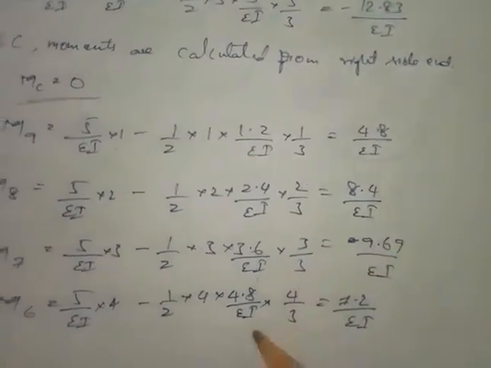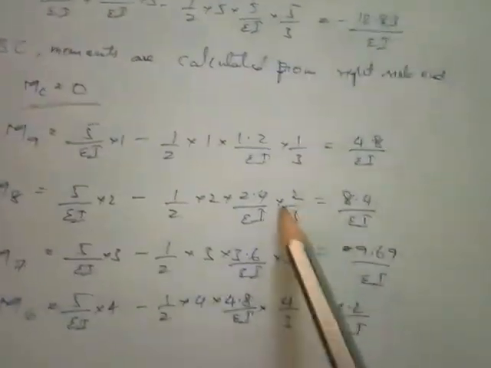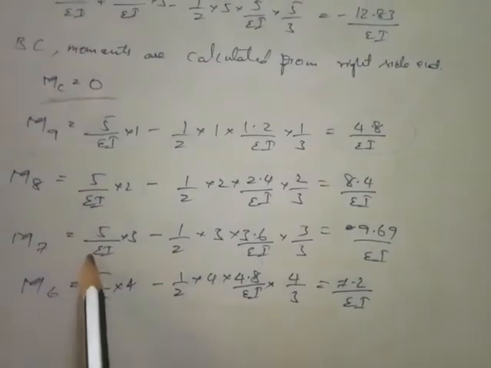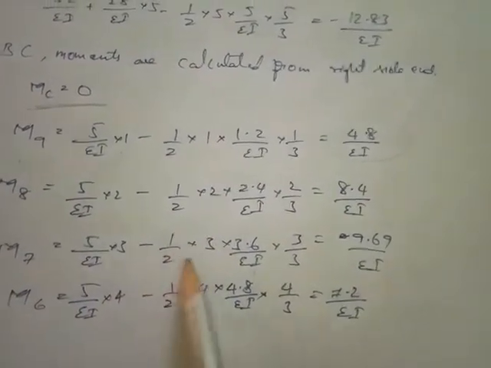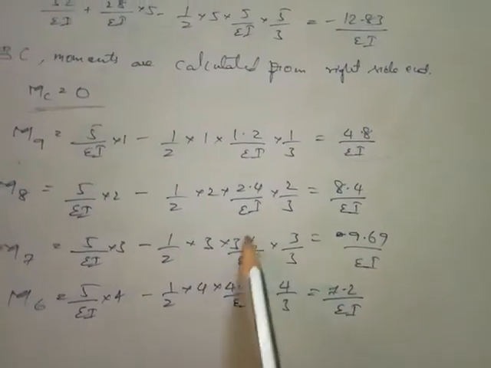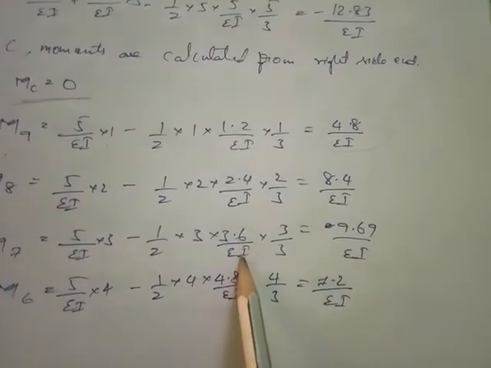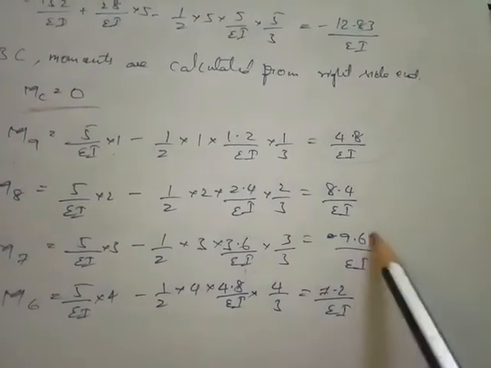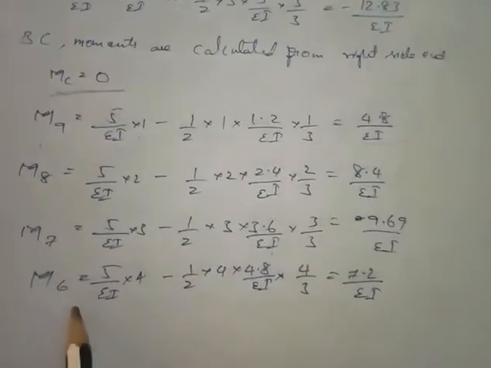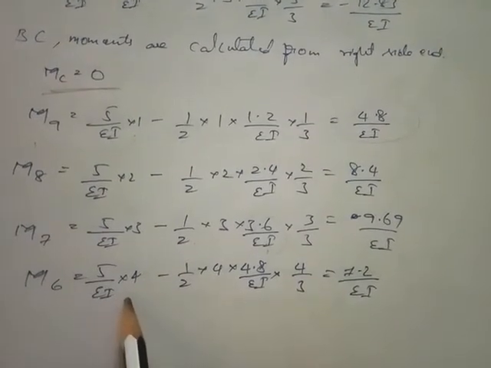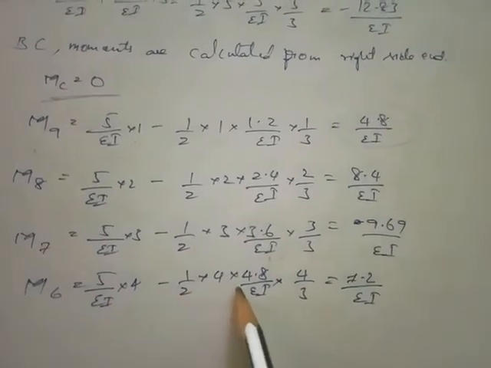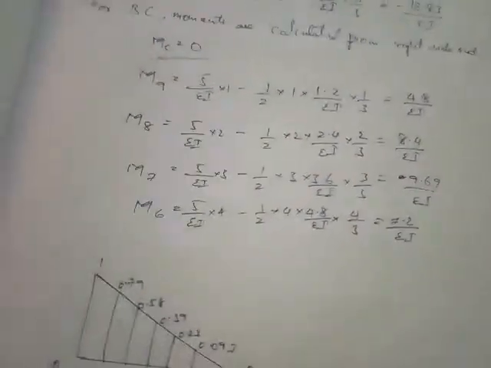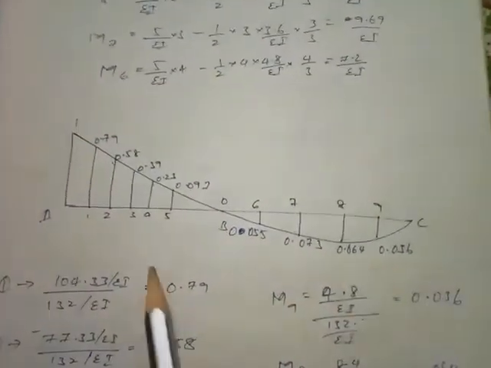Next, 2 by 3 is equal to 8.4 by A. Next, M7 is equal to 5 by A into 3 minus 1 by 2 into 3 into the load 3.6 by A at that point, into 3 into 1 by 3, that is equal to 9.69, whereas M6 is equal to 5 by A into 4 minus 1 by 2 into 4 into 4.8 by A into 3, which is equal to 7.2. Now we go for drawing the influence line diagram.